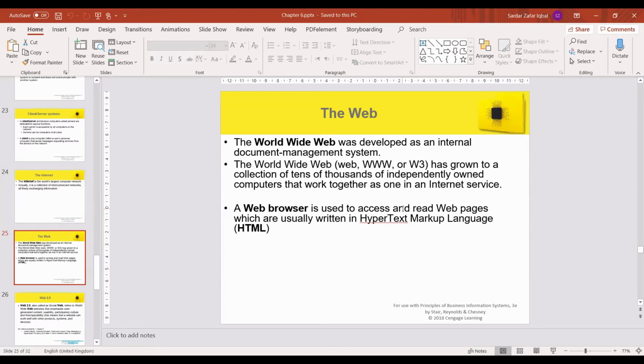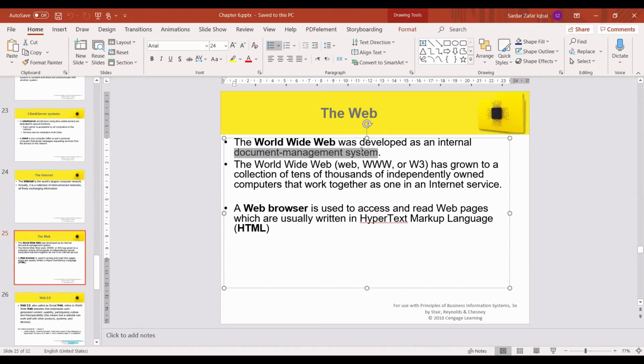The World Wide Web was developed as an internal document management system. The World Wide Web, www, has grown to a collection of tens of thousands of independently owned computers that work together as one in an internet service. Using this, you can access your websites and documents on the internet, on the network.